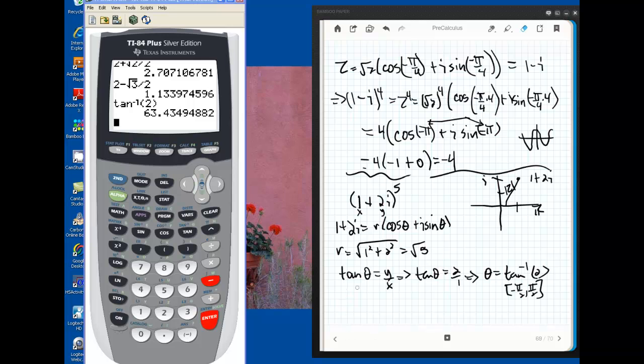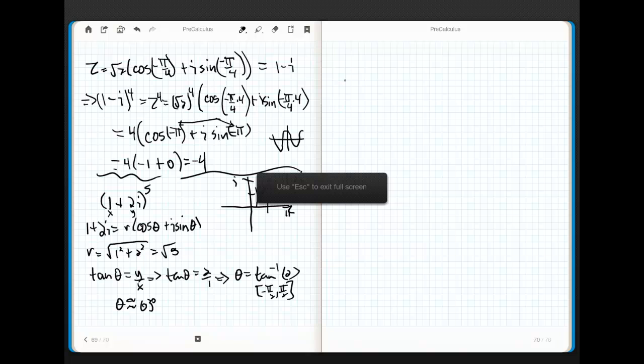All right, so look at what we have here. I know that theta is approximately equal to 63 degrees, right? Which implies, you ready? Here we go. This is the fun part.